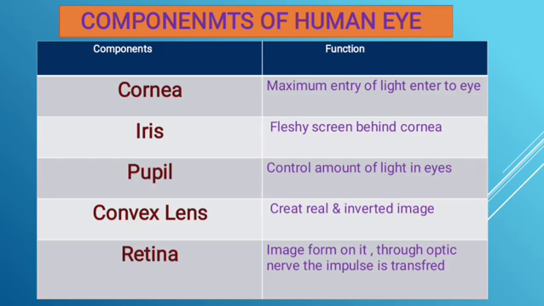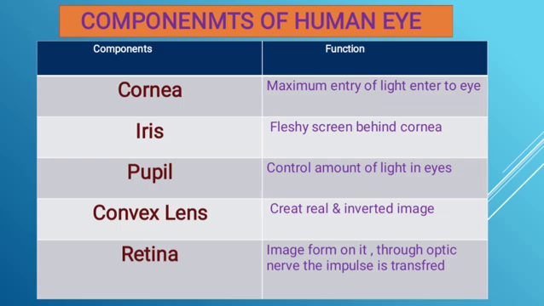Cornea, the maximum entry of light into the eye. Iris, a fleshy screen behind the cornea, and pupil, which controls the amount of light in the eye. The convex lens can create a real and inverted image. The image forms on the retina, and through the optic nerve the impulses transfer to the brain, and the brain converts the image to the erect position for us.